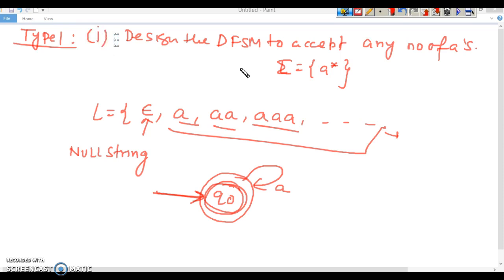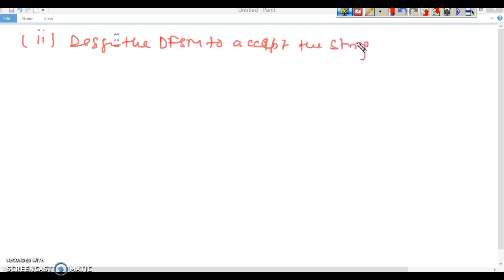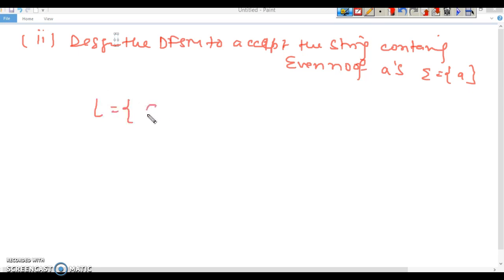Another, we'll see the second problem. Design the DFA to accept the strings containing an even number of A's, and sigma is given as only A. Any even number of A's. So the language you can define as: even number of A's includes 0. 0 is also accepted; 0 is also an even number.